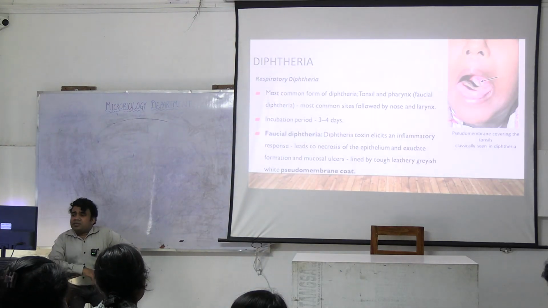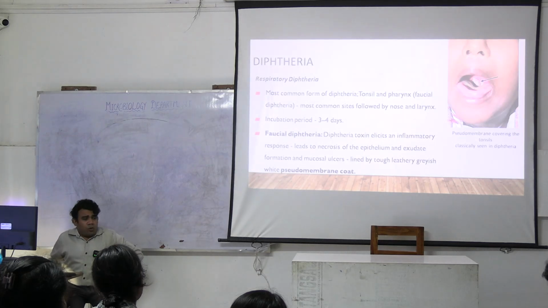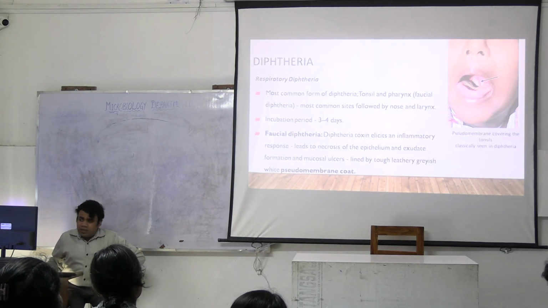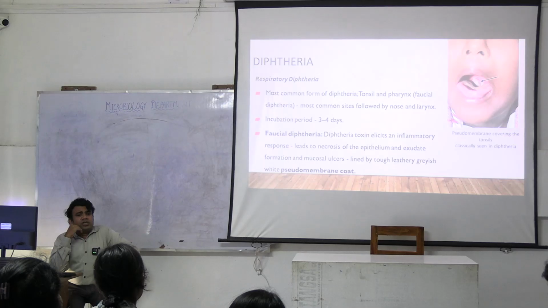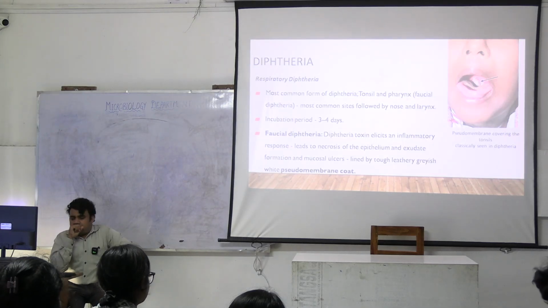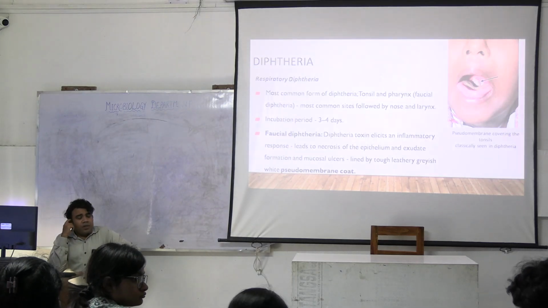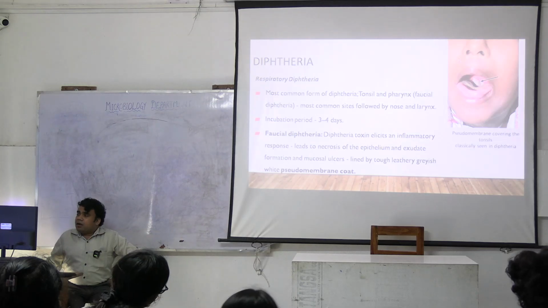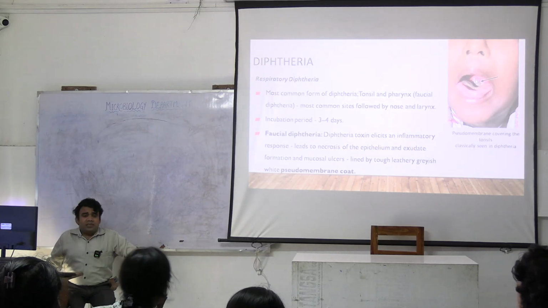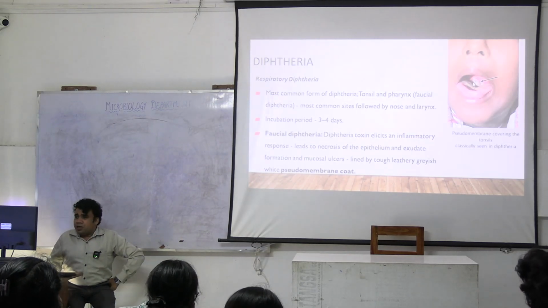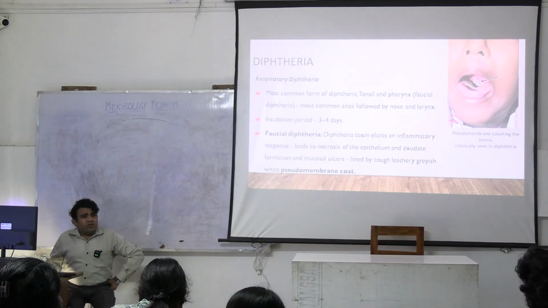Now, diphtheria can present in many forms. The most common form is respiratory diphtheria, and among which it is the faucial diphtheria, that means affecting the faucial area. So what happens is that the bacteria colonizes in the upper respiratory tract, especially in the tonsillar bed, and it grows over there, starts producing the toxin.